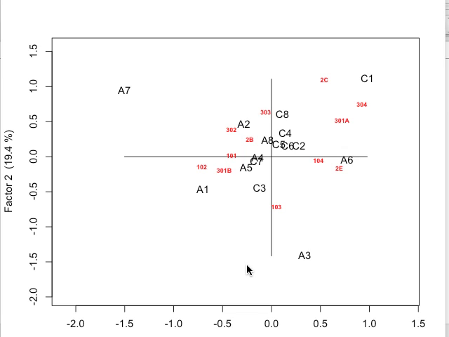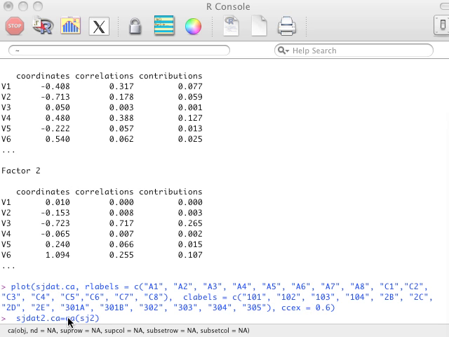But if you remember when we looked at those eigenvalues, the 3rd dimension was also quite high, 15%, and so it'd be quite nice to look at that 3rd dimension to see what difference that makes to the distribution of the authors. So I need to switch and use a different correspondence analysis procedure.